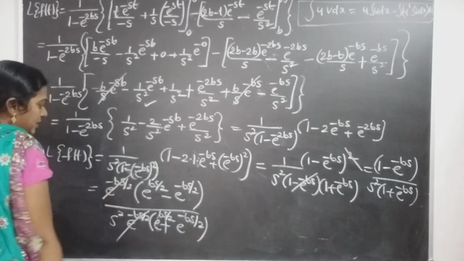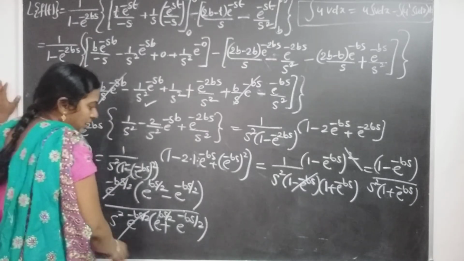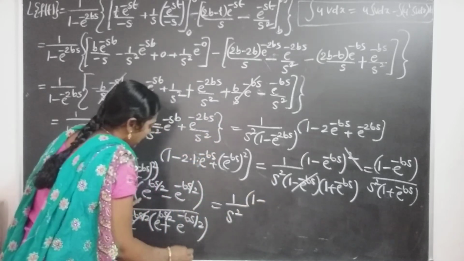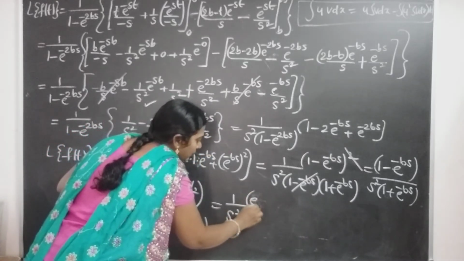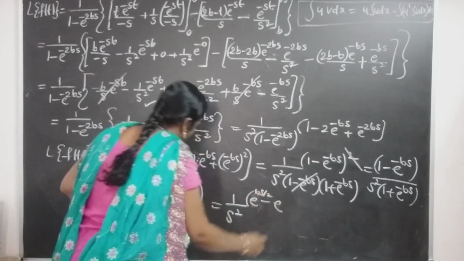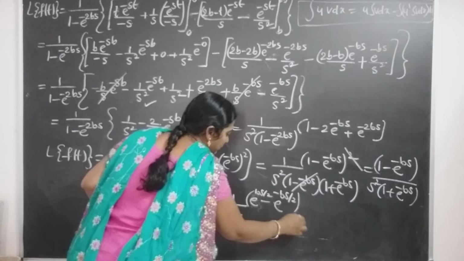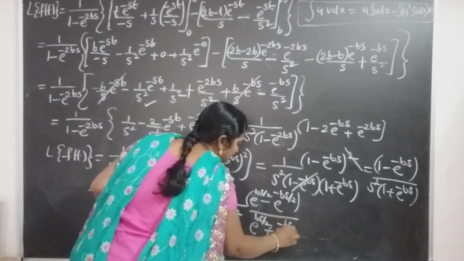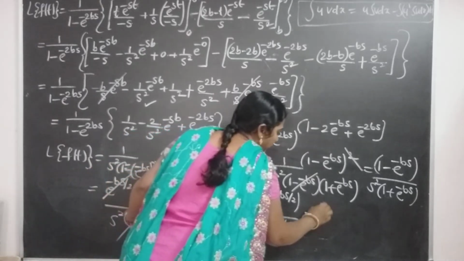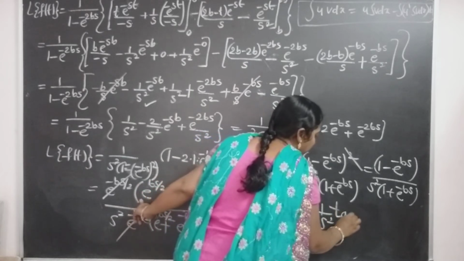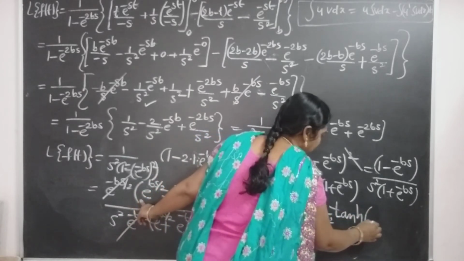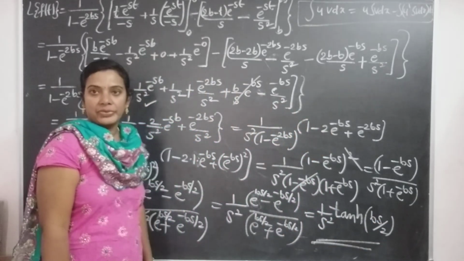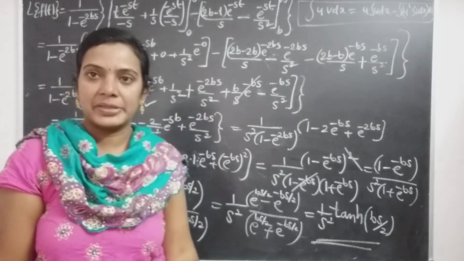The e power minus bs by 2 cancels. It is equal to 1 by s square into e power bs by 2 minus e power minus bs by 2 by e power bs by 2 plus e power minus bs by 2. It is in the form of tan hx, that is tan h of bs by 2. It is the solution, the Laplace transform of the given periodic function.